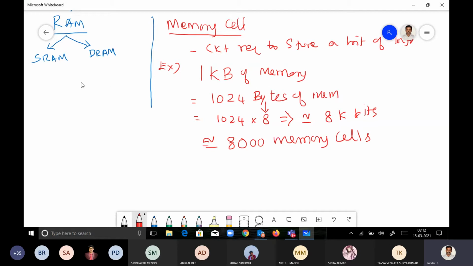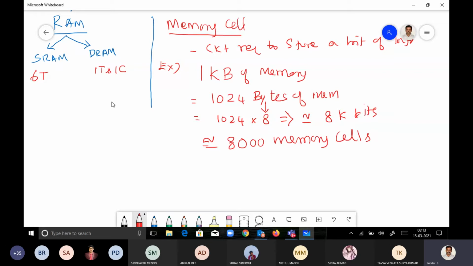Now the difference between static RAM and dynamic RAM comes in the basic memory cell architecture. In static RAM, we need 6 transistors to construct a memory cell, whereas in dynamic RAM, we need 1 transistor and 1 capacitor to construct a memory cell.